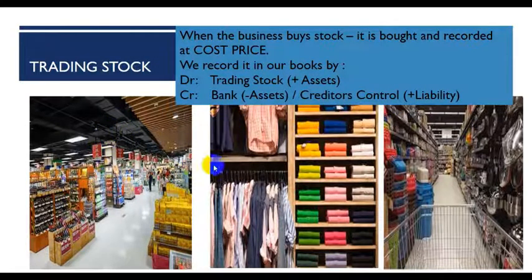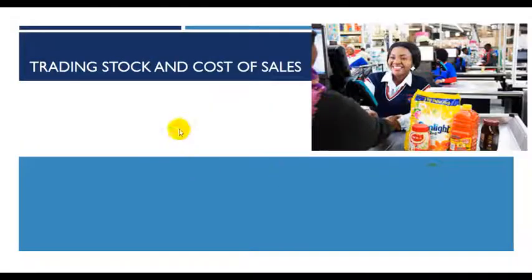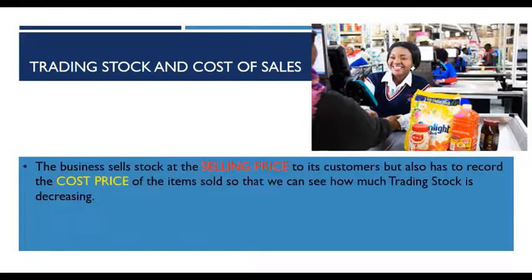The business then stocks their shelves with the items that they have purchased, ready for the customers to buy at the selling price. When the customers buy the goods, they don't pay the business's cost price, they pay a selling price. However, the business simultaneously records what the cost price is of the items that they have sold.